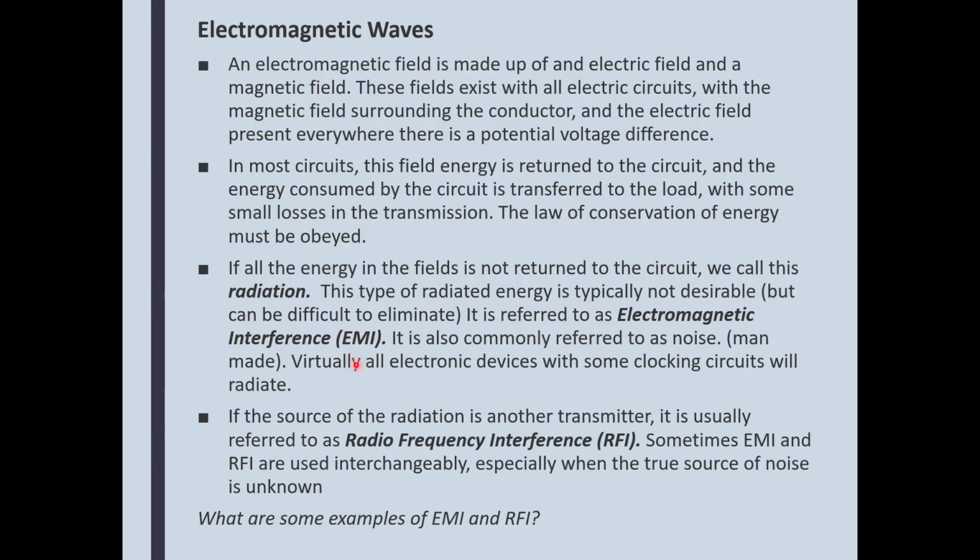We talked about that last time we saw each other. Electromagnetic interference. It is also commonly referred to as noise. Man-made noise. Virtually all electronic devices with some clocking circuits will radiate.